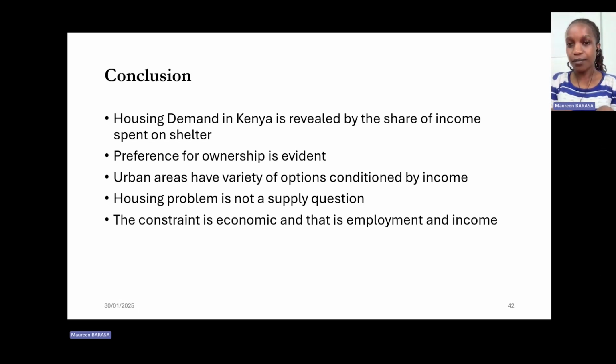And by staying there, perhaps they have a second home in their rural area. So I don't know whether taxing these people to build houses in urban areas is really solving the housing problem in Kenya. I'll share the link to the reports, where you can find more insights from the data. Please go read the data, and thank you for attending the webinar.